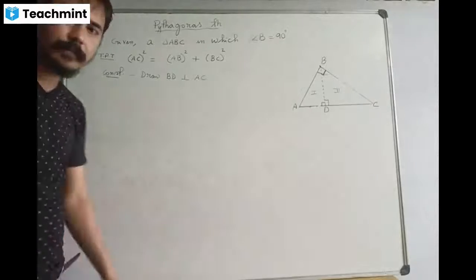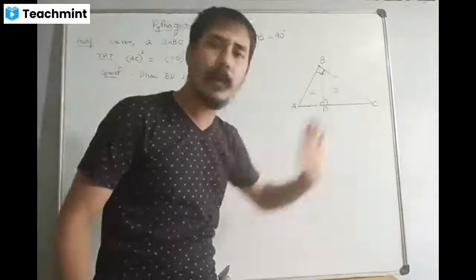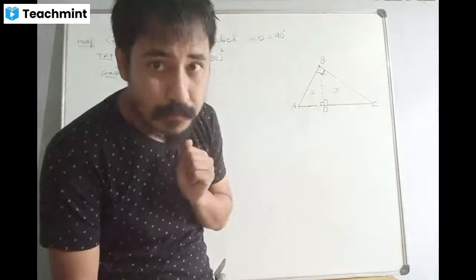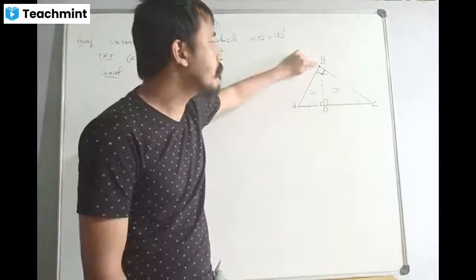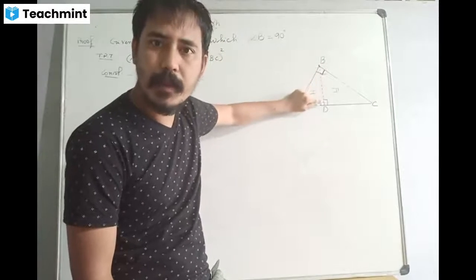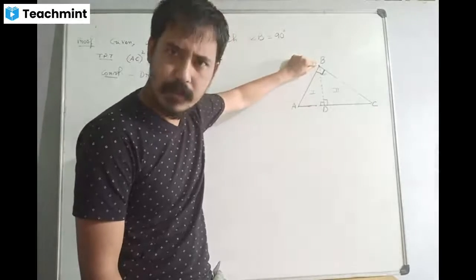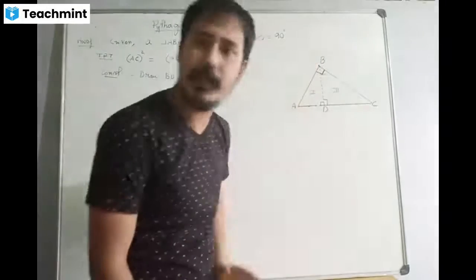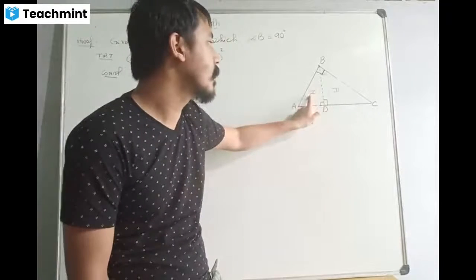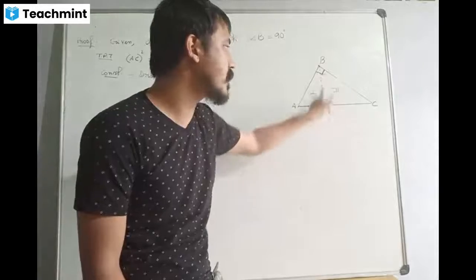Now, class, see, here also what I have done is, ABC was your given right triangle, right? What did I do? I have drawn a perpendicular from the vertex of the right angle up to the hypotenuse, right? Then what happens? We have obtained two triangles on both sides of this perpendicular.